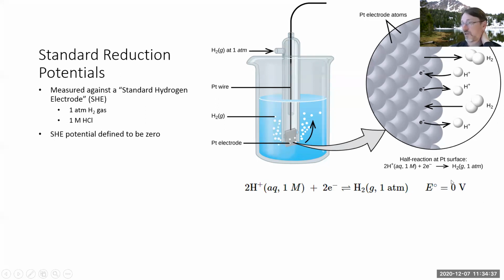That's a definition because we cannot actually measure the potential of a half cell independent of anything. It has to have the other half cell in order to measure a voltage that's going across it.